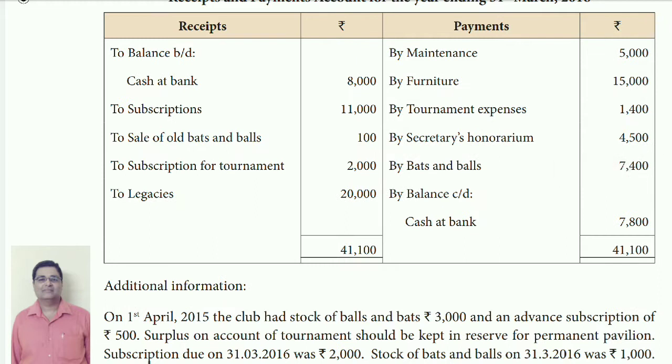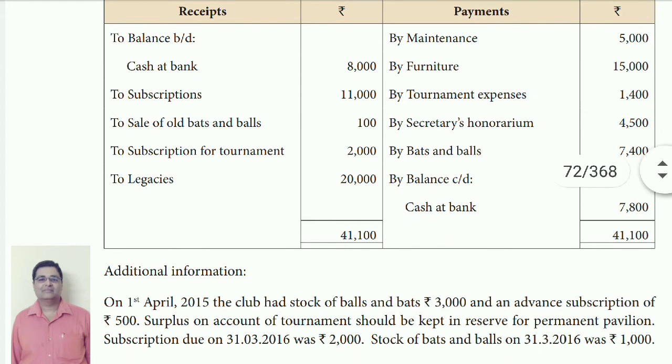Always we have to start the sum from the additional information. So see the additional information. On 1st April 2015, the club had stock of balls and bats rupees 3,000. This is the opening stock of bats and balls.